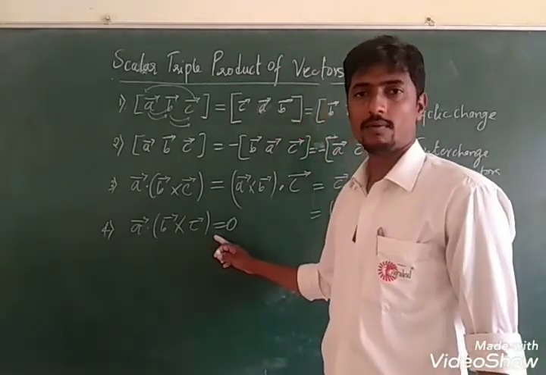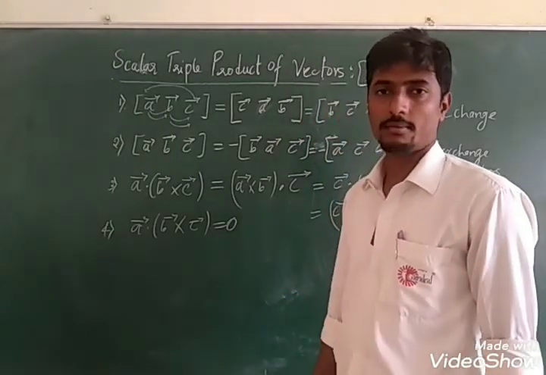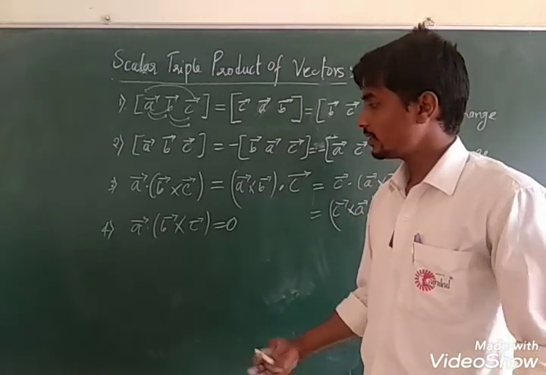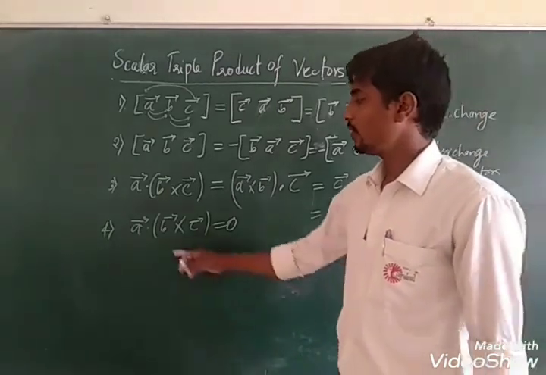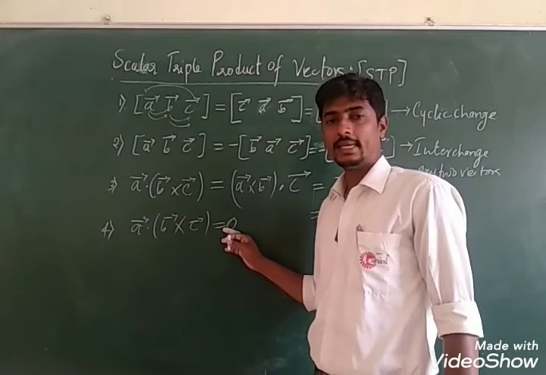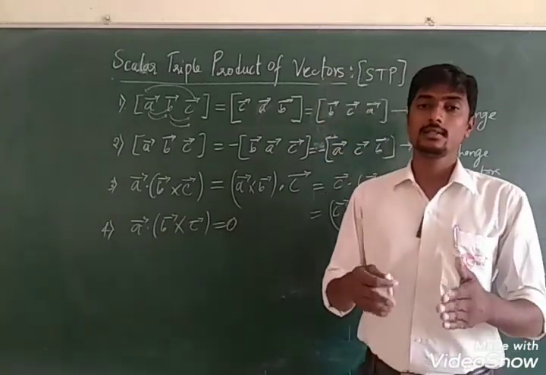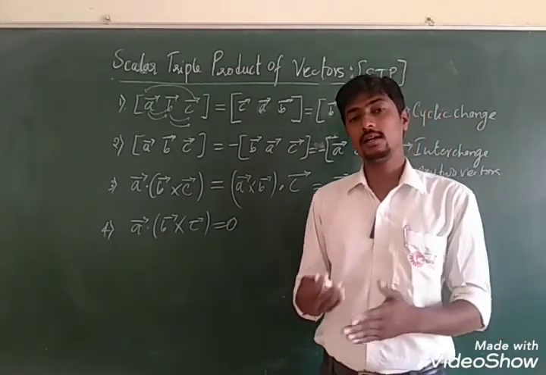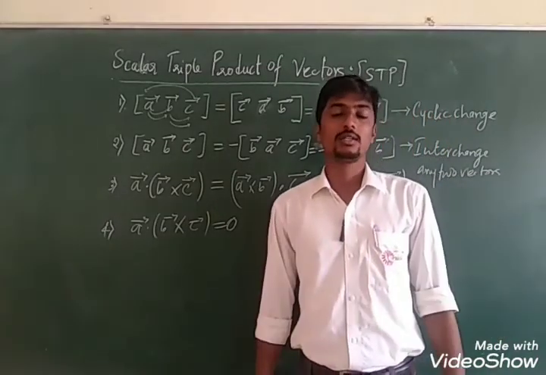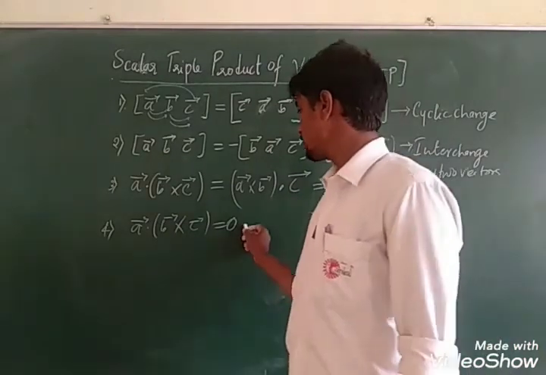The collinear property holds, meaning any two vectors behave as collinear. And if A dot B cross C is equal to 0, then we can say the vectors are coplanar, lying in the same plane, and their resultant is 0.